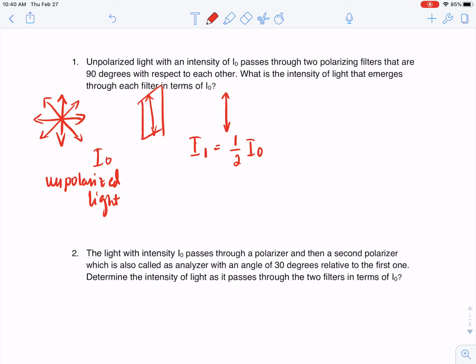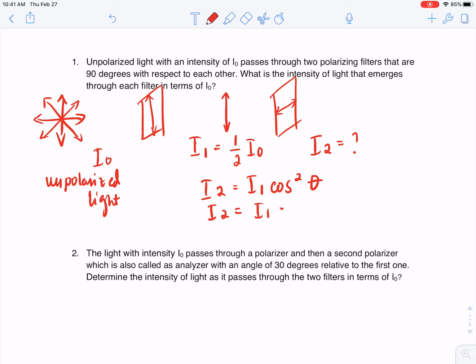It will be filtered. However, for the second polarizer, which we call the analyzer, what will I2 be in terms of I sub 0? We know that I2 is equal to I1 cosine squared theta, and that theta is equal to 90.